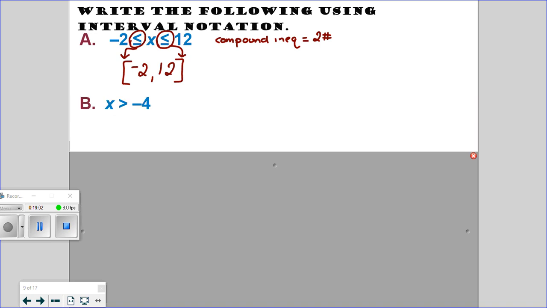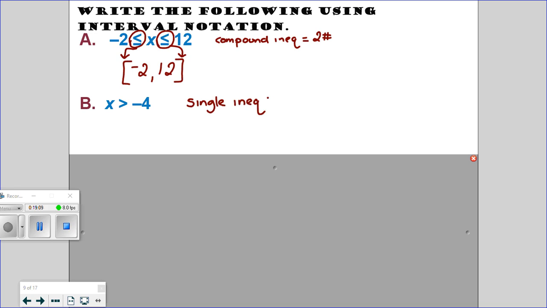If it is a single inequality, that means I will have one number and an infinity, positive or negative. Kind of depends on which way the numbers are headed. If you need help, draw yourself a number line.